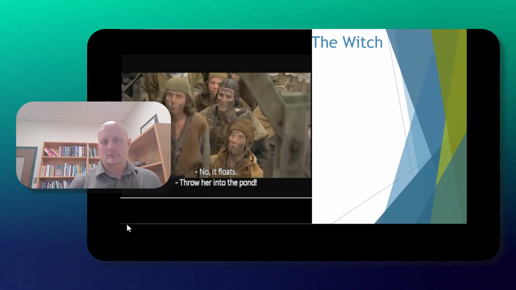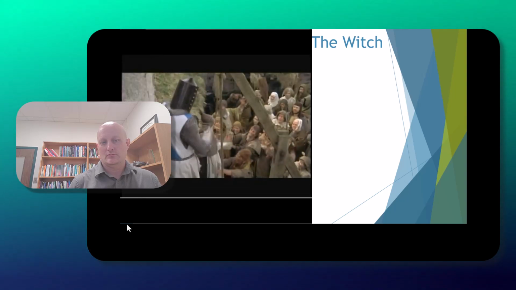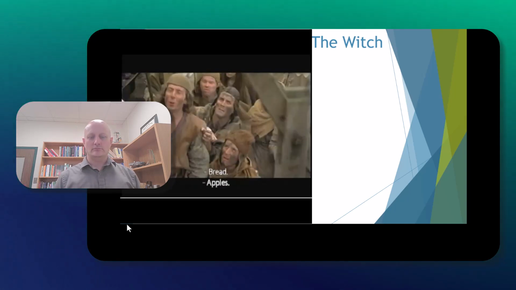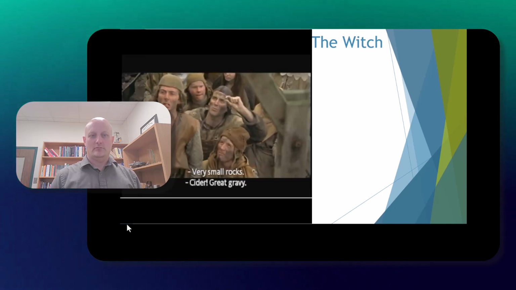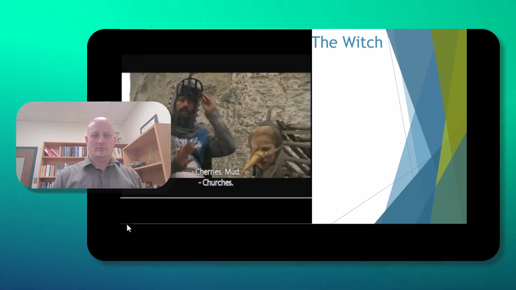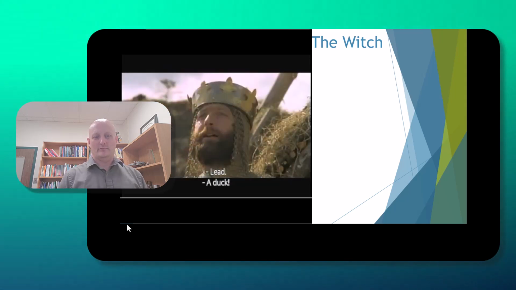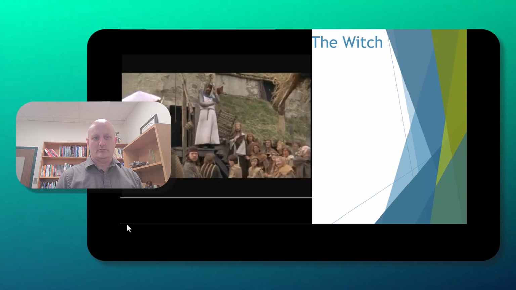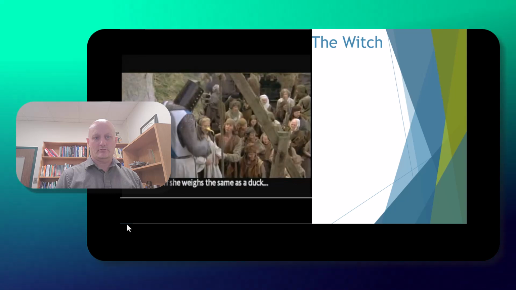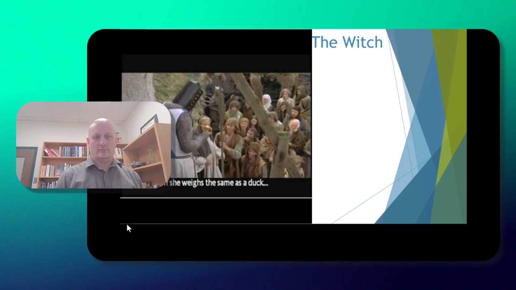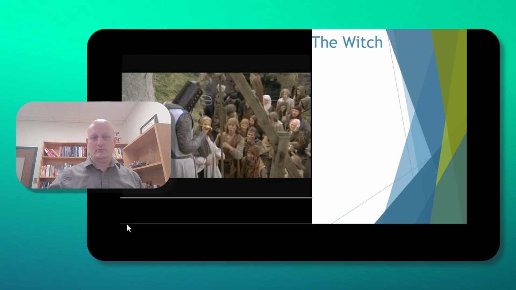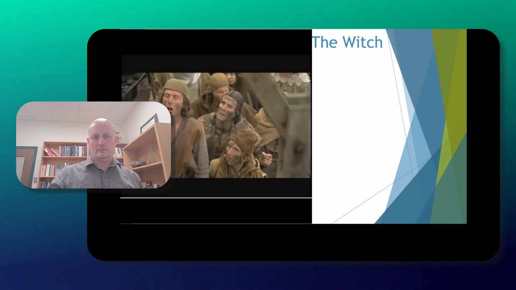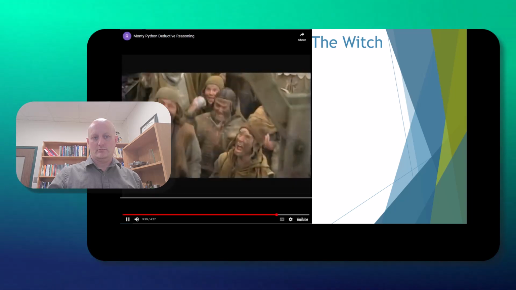No, it floats. What also floats in water? Bread, apples, very small rocks, cider, great gravy, cherries, mud, churches, lead, a duck. Exactly. So, logically, if she weighs the same as a duck, she's made of wood, and therefore... A witch! A witch!